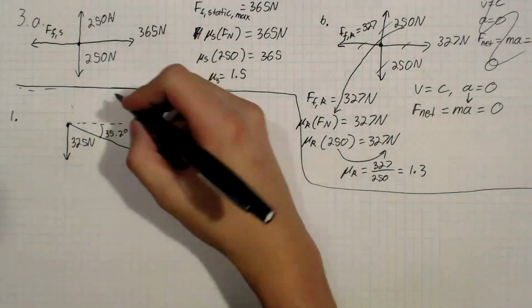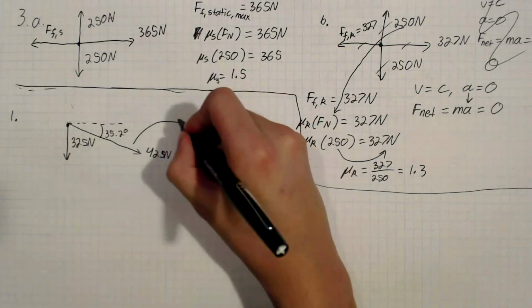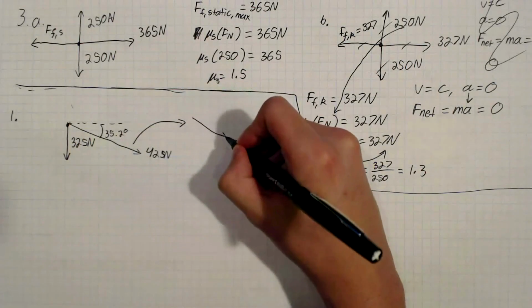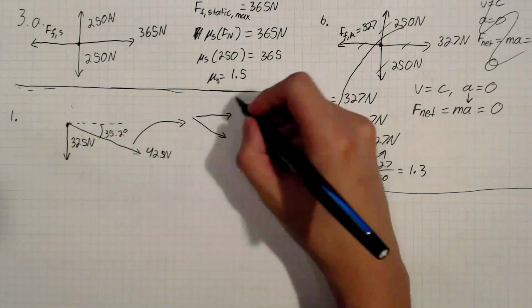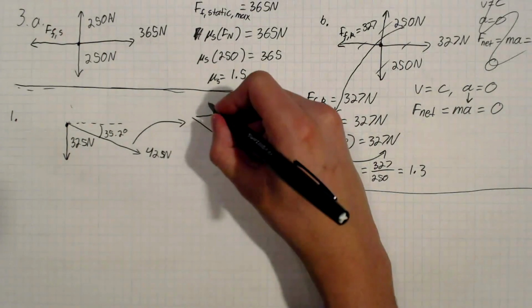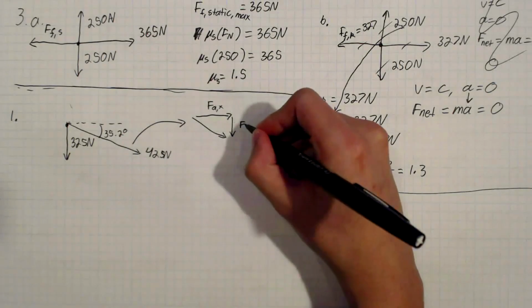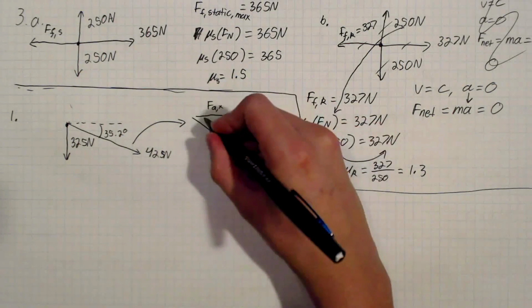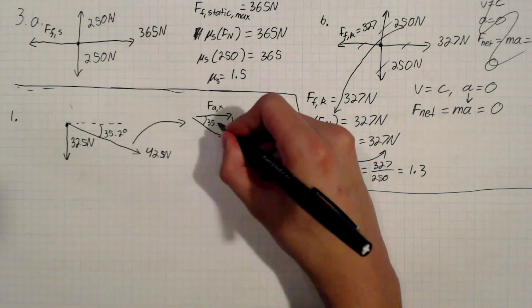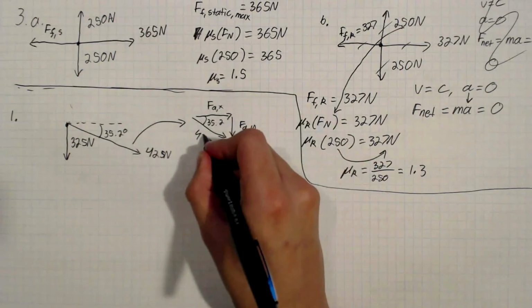So we want to separate this into our x component. So this is going to be our applied force in the x direction and our applied force in the y direction. 35.2, 425.